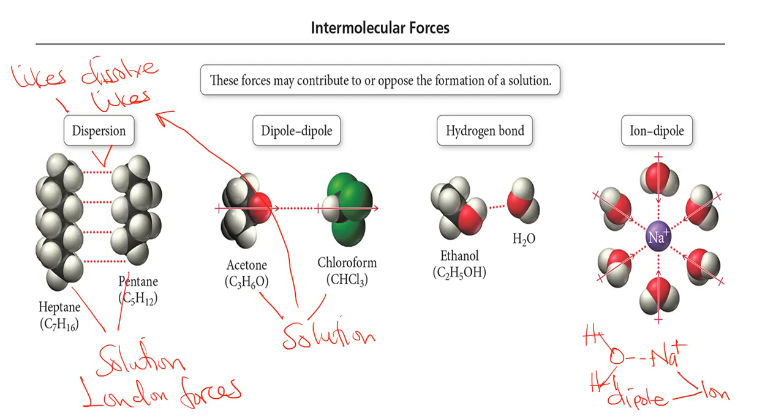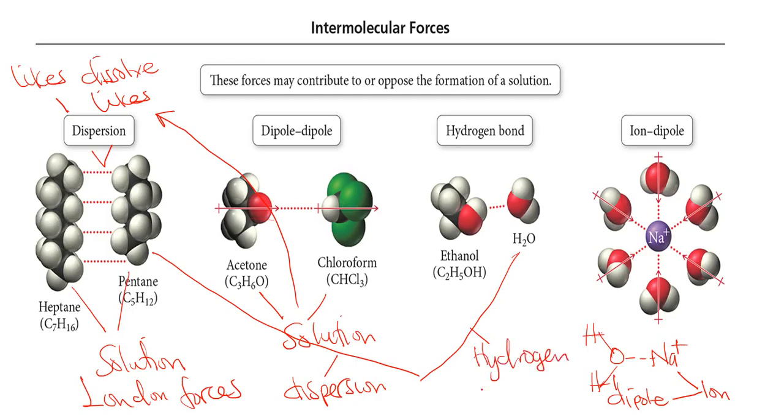Ion-dipole. We have a dipole and then we have an ion. The ion here is charged. A dipole is partially charged. So we expect them to interact to form a solution. But let's take an example. Pentane and water. If you mix pentane and water, pentane uses dispersion forces. These forces do not have any dipole, while water uses hydrogen bonding.